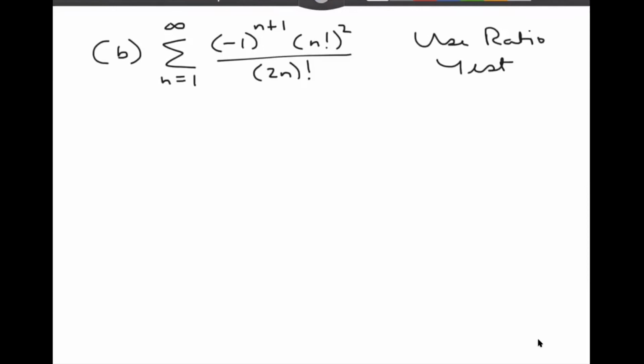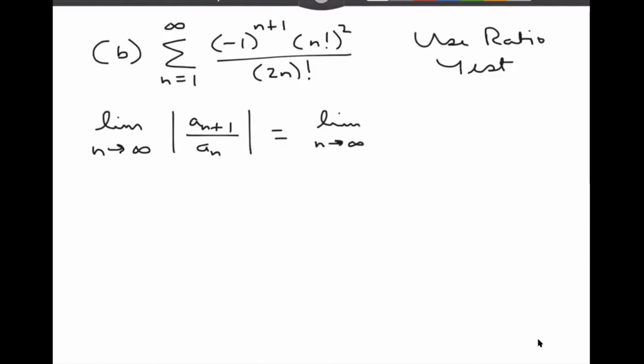All right, so we're going to look at the limit as n increases without bound of the absolute value a sub n plus 1 over a sub n. And what that absolute value is going to do is knock out the alternating sign.